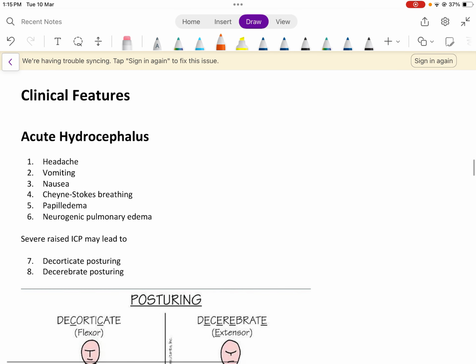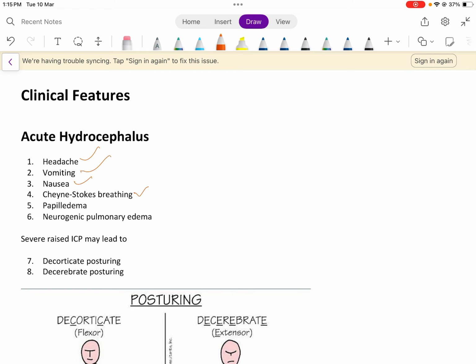Now, what are the clinical features? Think of a child who has a fluid-filled brain. The child will have a headache, because you have the chemoreceptor trigger zones and all the vomiting centers in the brain. The child will also have vomiting with nausea. There will be Cheyne-Stokes breathing; the respiration will also be affected.